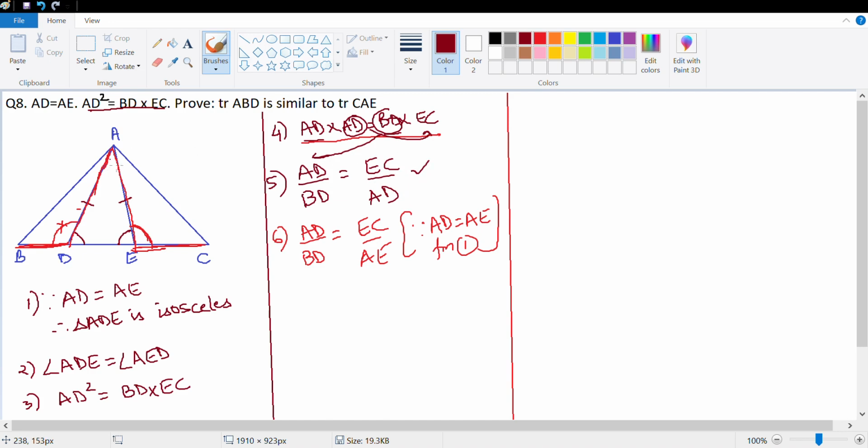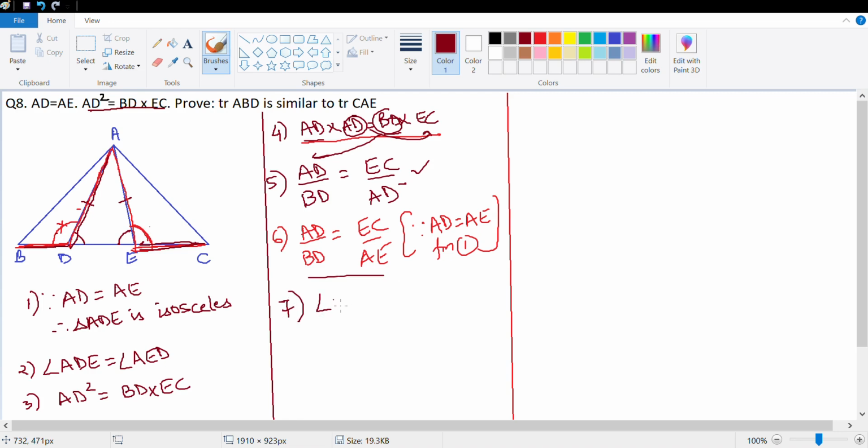From here I looked at which sides and I realized this seems to be a side angle side kind of a scenario, but in the second one I realized there was no triangle in which EC and AD were part of, and I noticed that AD and AE are equal, so I just replaced it here. So now we know that these two sides are in proportion. All I need to do is prove angle D and angle E are equal. I think that also is possible.